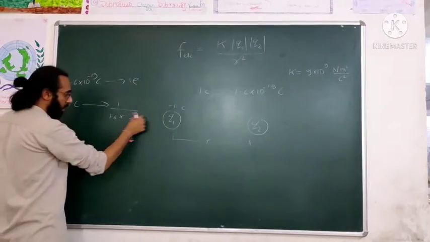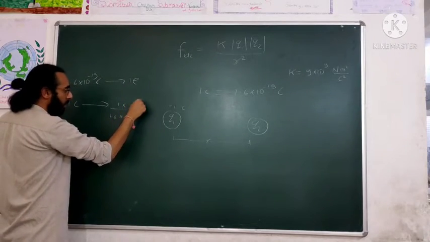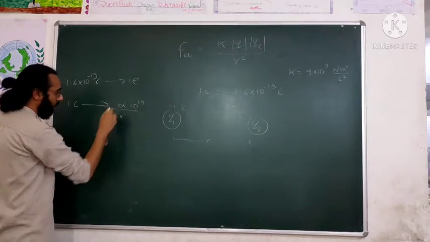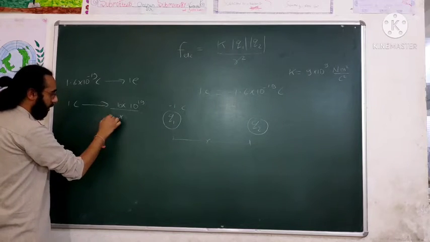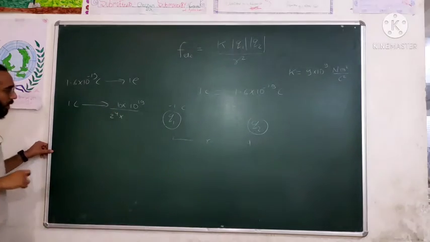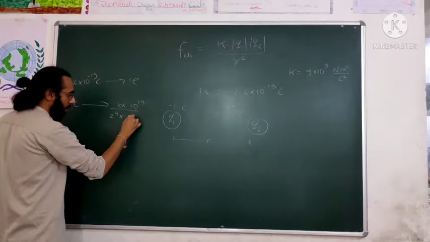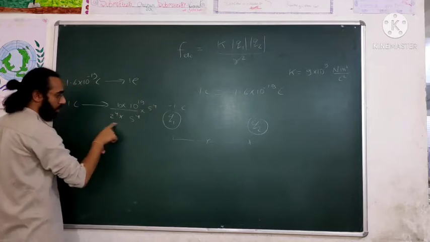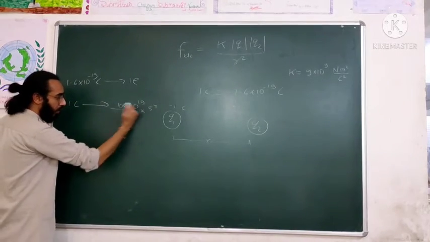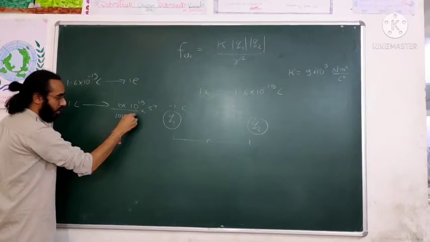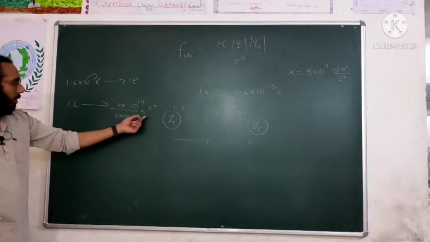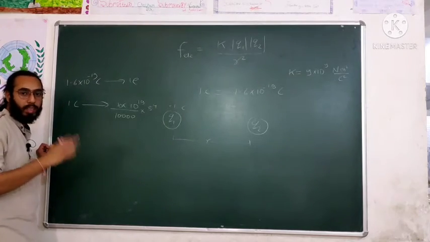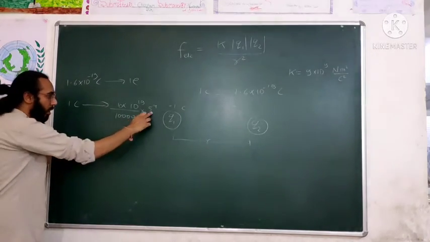Let's simplify it. 10 to the power plus 19. I can write 16 as 2 to the power 4, so if I multiply by 5 to the power 4 in numerator and denominator, this becomes 10,000, which will be easier to solve. 5 to the power 4 is 625: 5 into 5 is 25, and again 25 into 25 is 625.